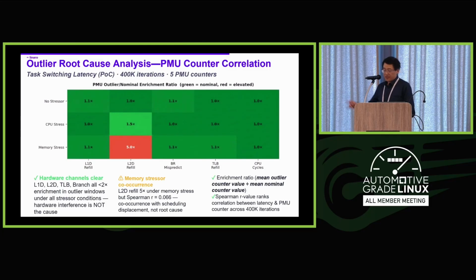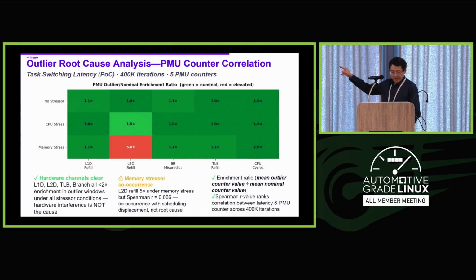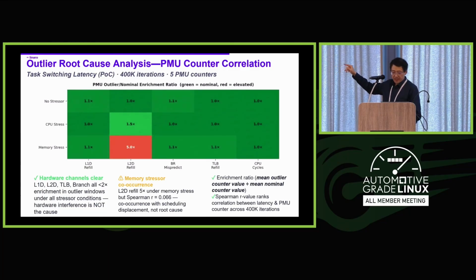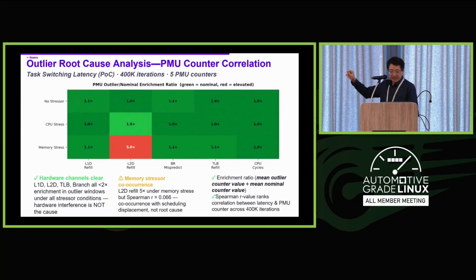So you can see from this diagram, if you look at it, the data is something like 1.x times, meaning that this is something you can ignore, right? Because that number is the enrichment ratio, right? It's the outlier counter value divided by the nominal counter value.